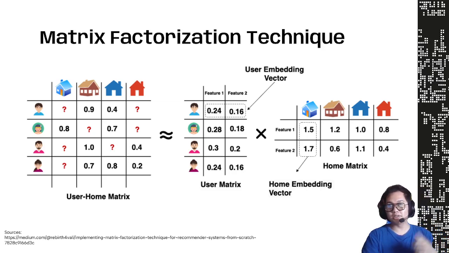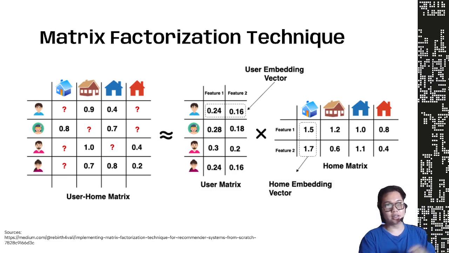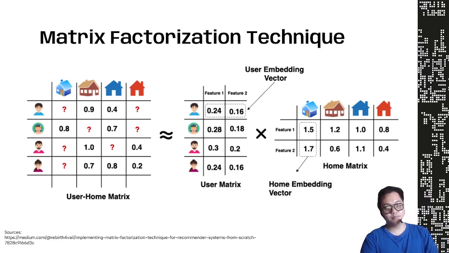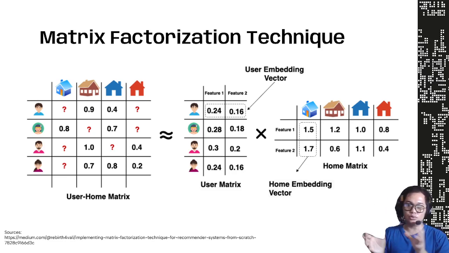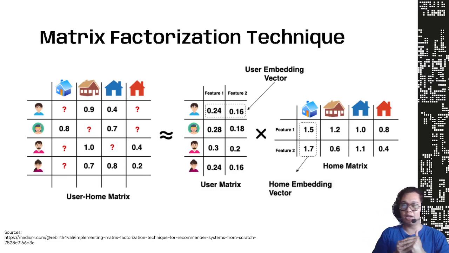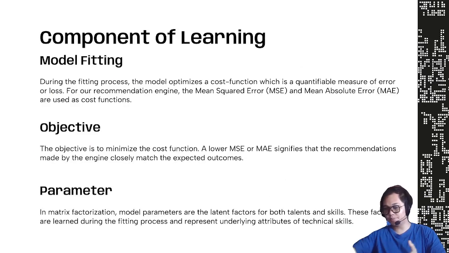And the second one is the skill matrix, or the technical skills that the talent must have in order to be recommended to the HR. With those two matrices, we do matrix multiplication, and after that we get this talent-skills matrix, or in the picture, the user-item matrix.